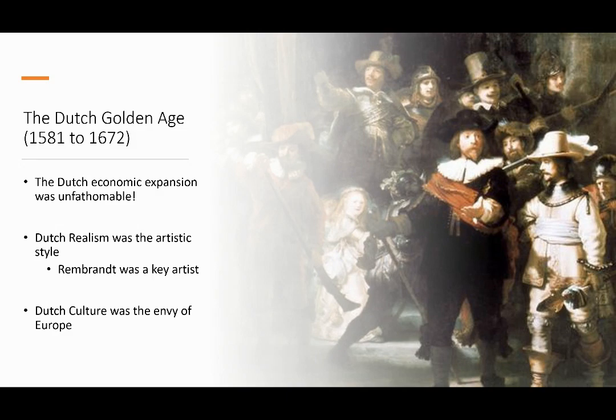You know about the urban expansion I'm going to talk about. You know about the cool things that the Dutch had. Go back to your power map if you need to. But with that, boom, if you become the envy of Europe, what happens? The balance of power shifts against you. But I do want to point out a really important thing.